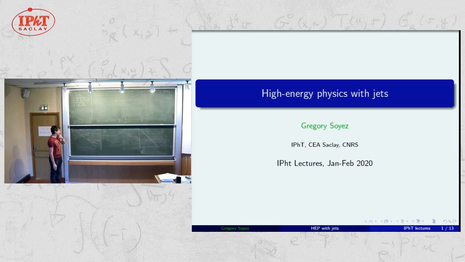To illustrate this, I'll reuse the Lund plane. If you remember, one of its advantages is that soft and collinear radiation sits somewhere in the middle here, and hard and collinear here. So all of collinear physics essentially lives in this plane in a given region. The final state parton shower lives in a given region.